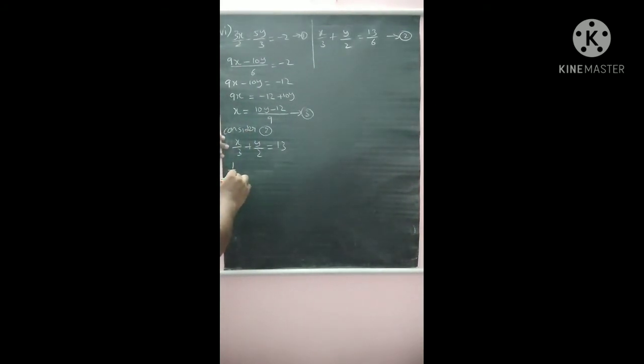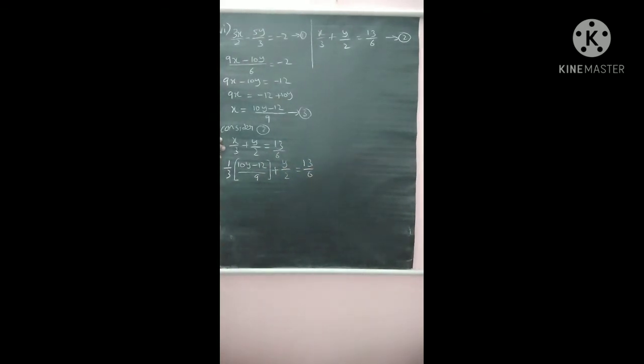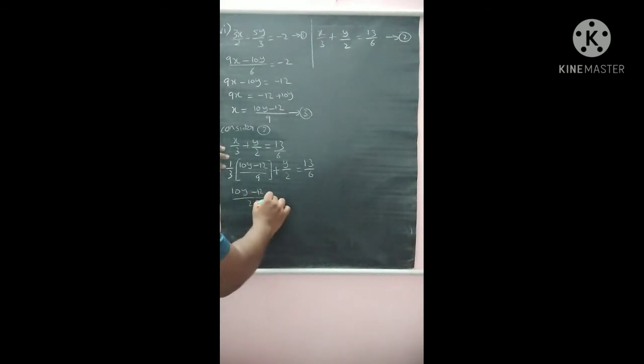So x value we can write as 1 by 3 into x, that is, 10y minus 12 by 9, plus y by 2 equals to 13 by 6. So here 10y minus 12 by 27 plus y by 2 equals to 13 by 6.